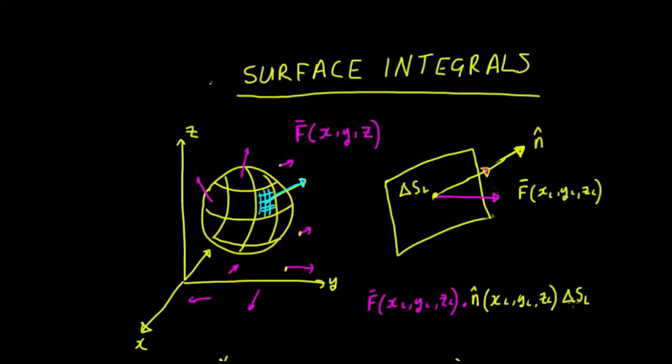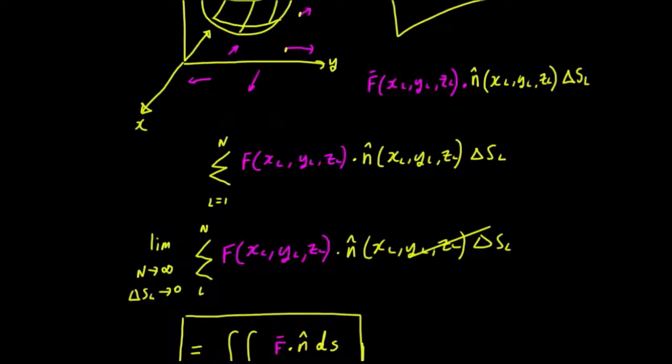Now let's imagine we take this f dot n and we multiply it by the area element delta S, and then we sum up all of those area elements from L equals 1 to some value n. And then finally we can take the limit as the number of area elements tends to infinity, and the actual area of each element tends towards 0.